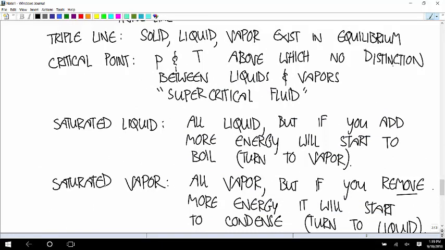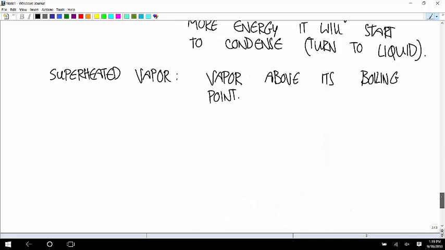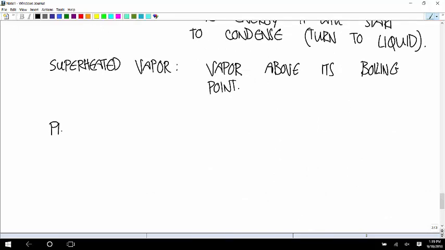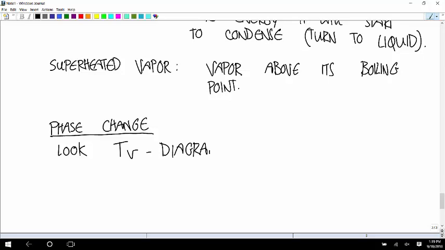I want to do that to talk about phase change. Okay, so we're going to look at the temperature specific volume diagram to understand what happens when phase changes.